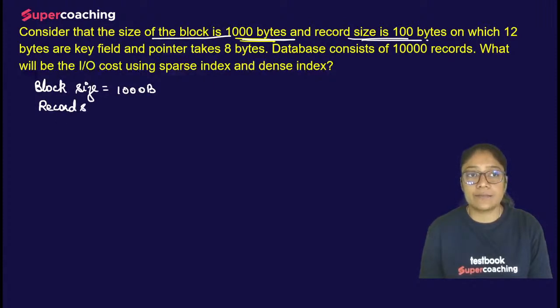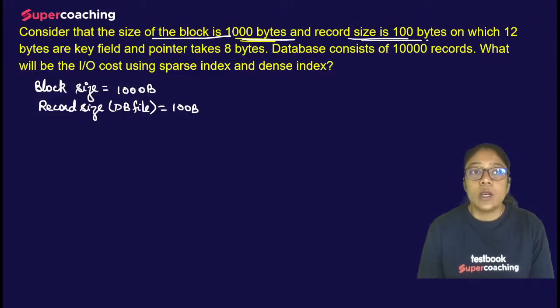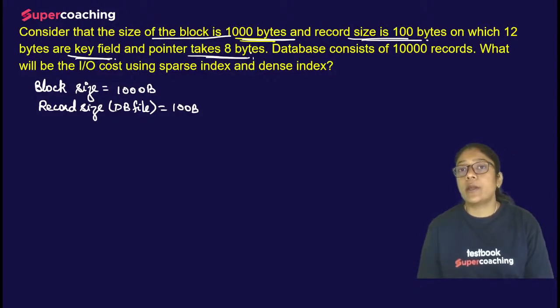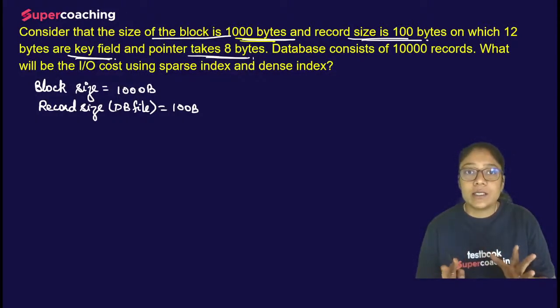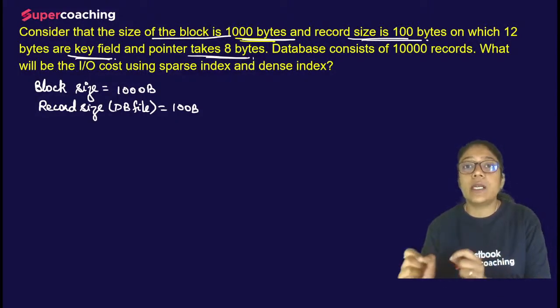Record size, for the database file, is given as 100 bytes, of which 12 bytes are the key field and 8 bytes is the pointer. So this means it is providing the information related to the record of the index file.